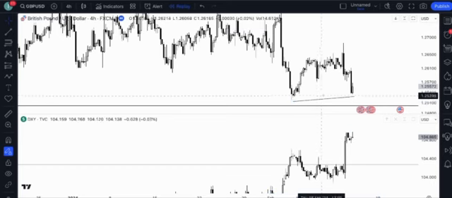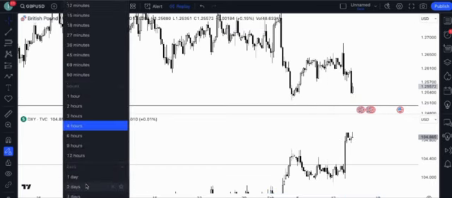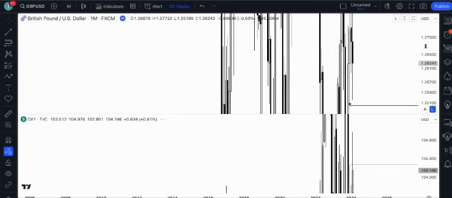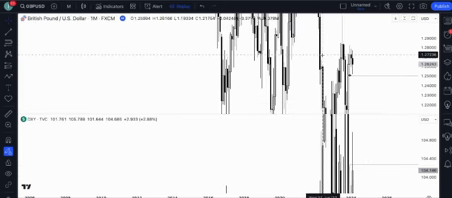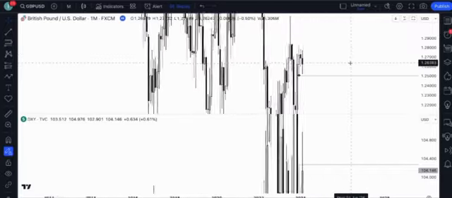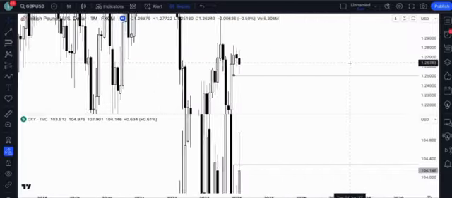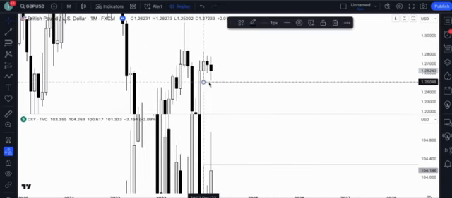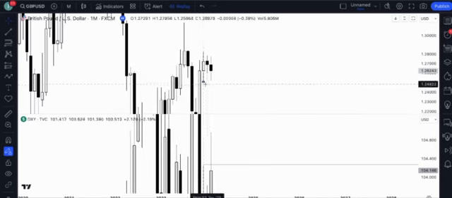Now, another thing is that on the monthly, the DXY filled the monthly FVG, right? Euro also filled the monthly FVG. What's missing was GU, right?